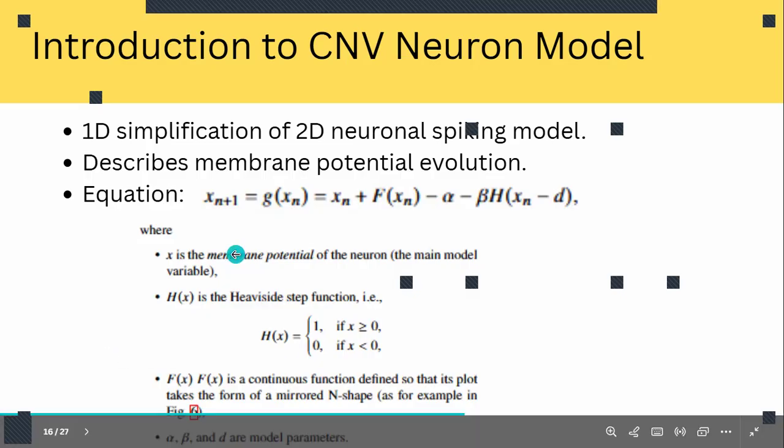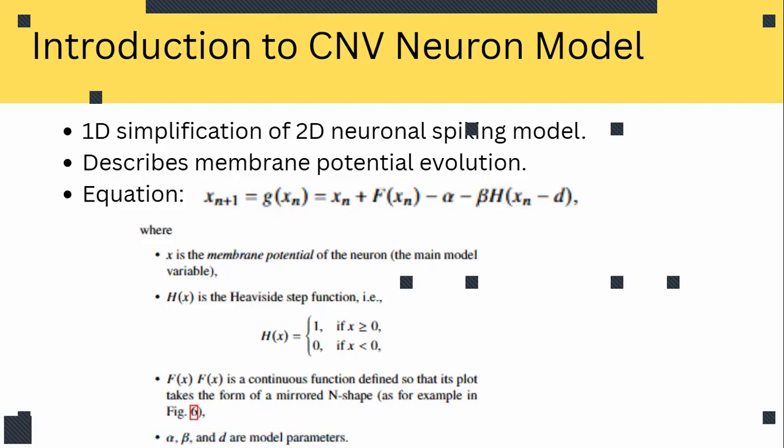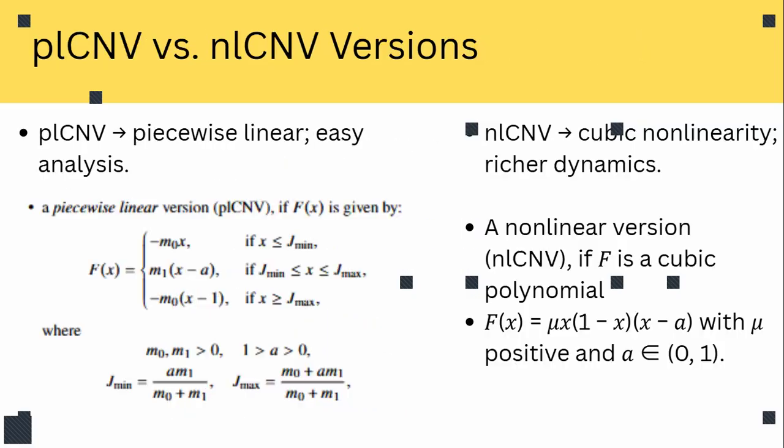So the equation of the CNV model is x_{n+1} = g(x_n), that is equal to x_n + f(x_n) - alpha - beta h(x_n - d). Here h(x) is a Heaviside step function and f(x) is different for piecewise linear and non-linear cases. So here come the piecewise linear and non-linear versions of CNV.